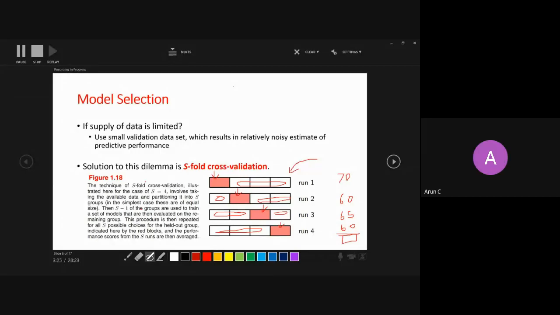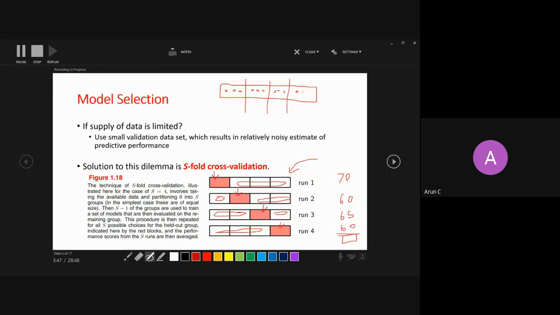No. So let's say you have 12 samples, right? So you are dividing into 4. This is my first subset, 1, 2, 3. Second subset, 1, 2, 3. This is the third subset, and this is the fourth subset.